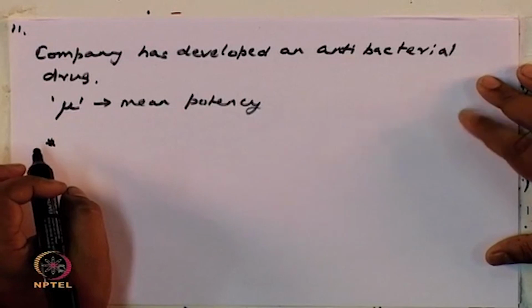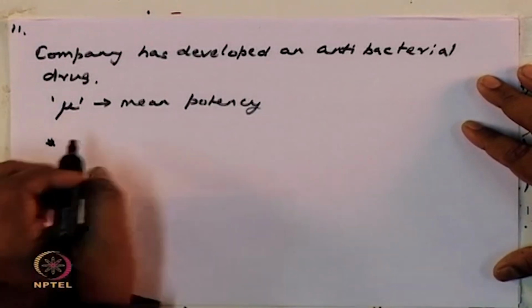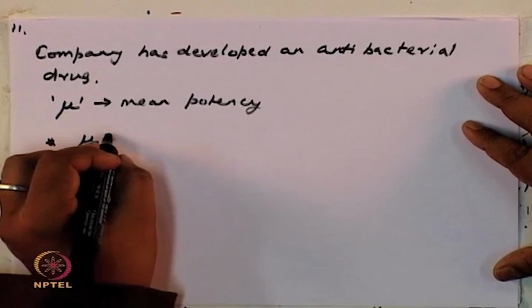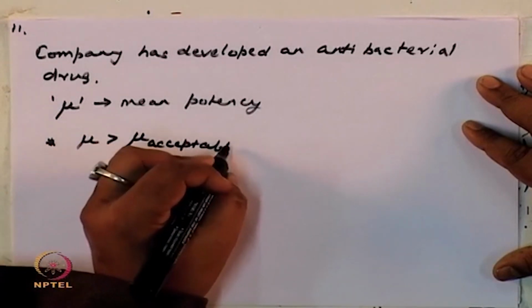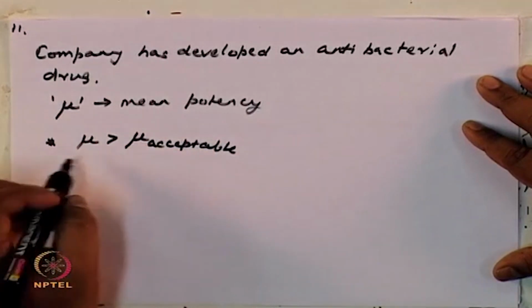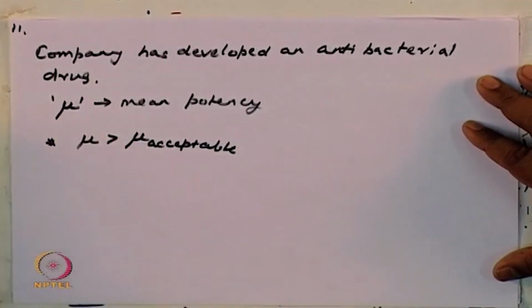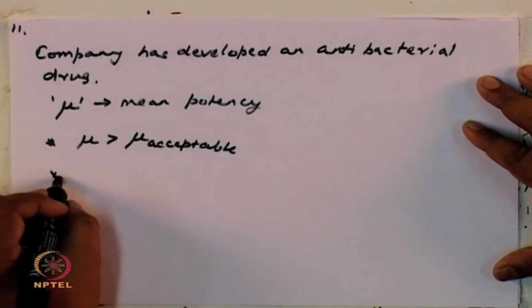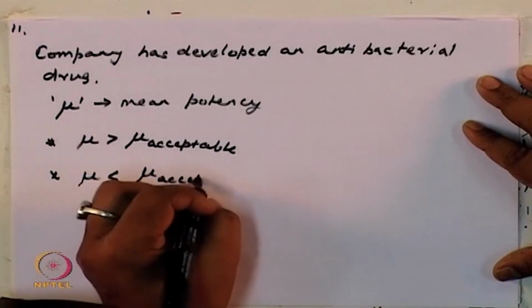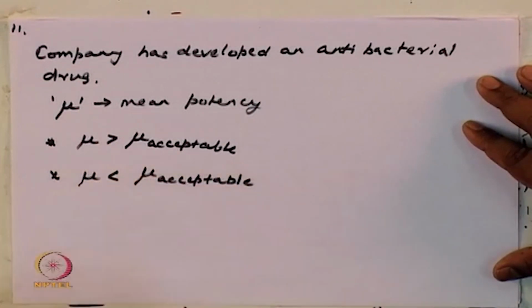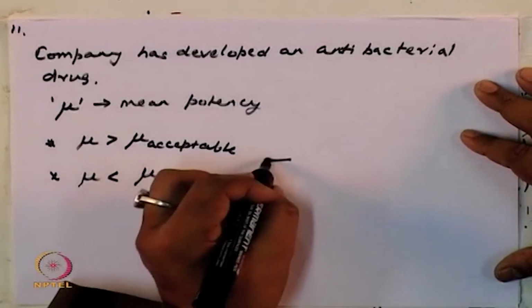Instead of actually calculating the mean potency, the company can address two possibilities. Possibility number one: the average potency mu is greater than mu acceptable, whatever government norms stipulate. Or the other possibility is that mu is less than mu acceptable. So, these are two different hypotheses.